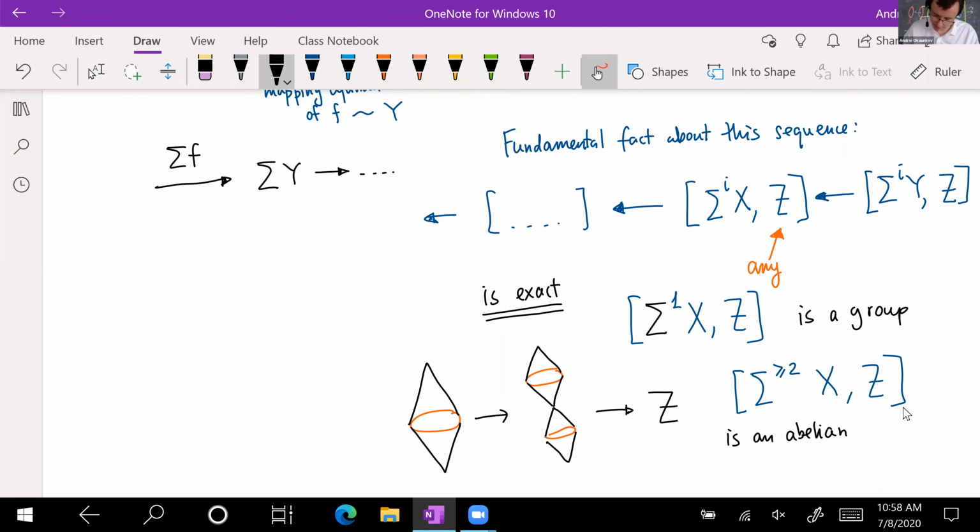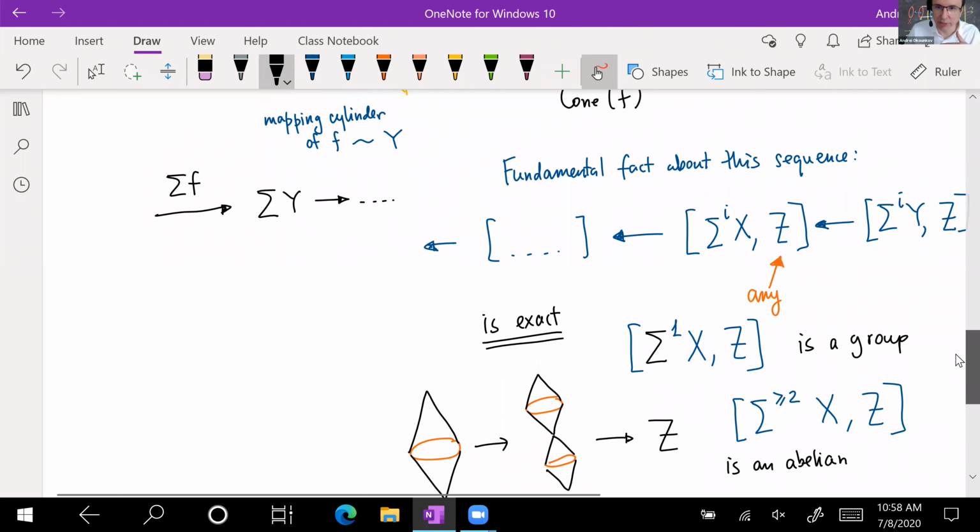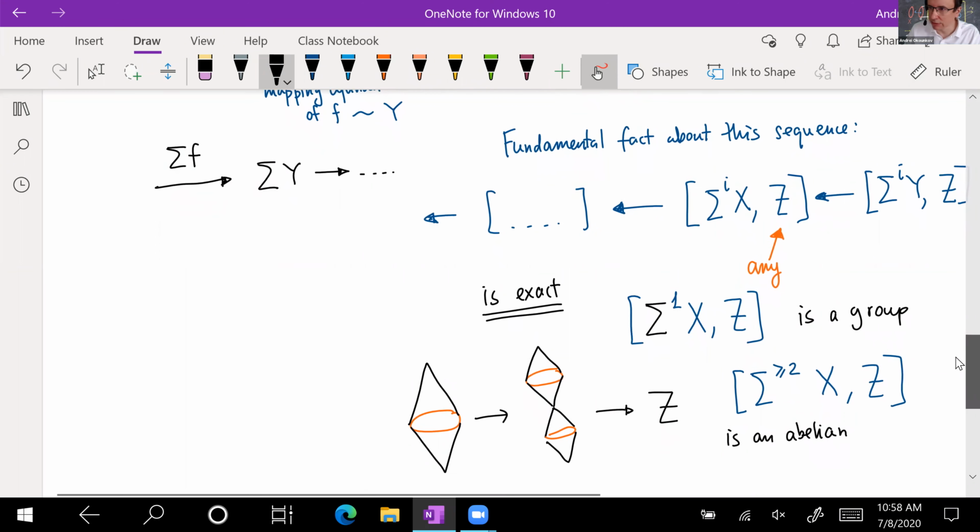So if you go deep in it, this is going to be an exact sequence of abelian groups. This is how all cohomology theories are defined, they map somewhere. It's just Brown representability. So this is how you get long exact sequences in cohomology, right?